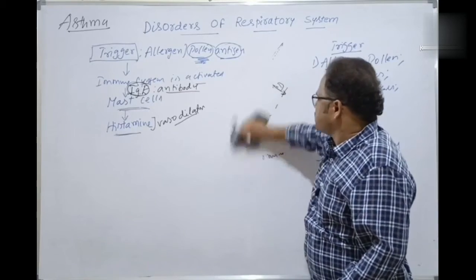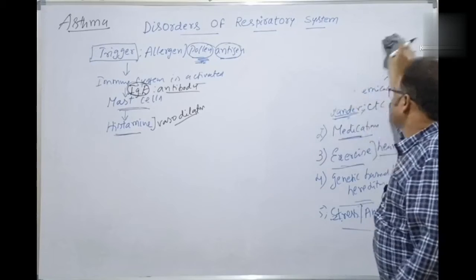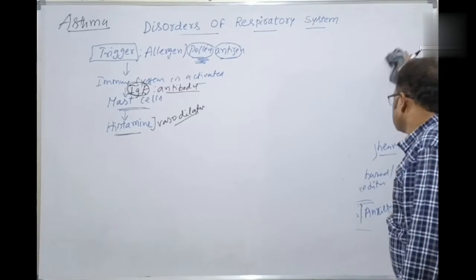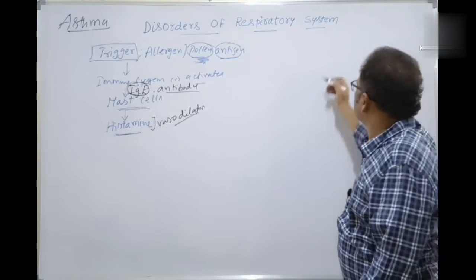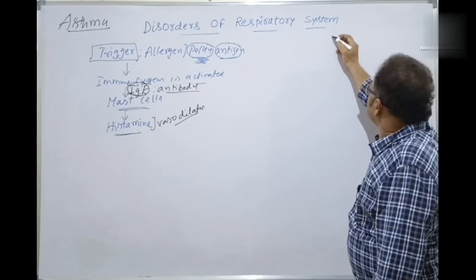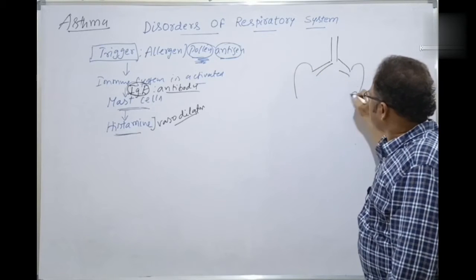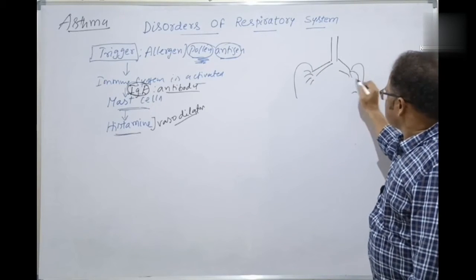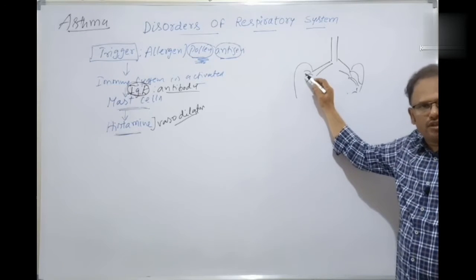Then because of the histamine, what happens? Let's discuss now. The trachea, bronchi, then lungs, air enters here like this. Bronchi: primary, secondary, tertiary, then bronchioles.